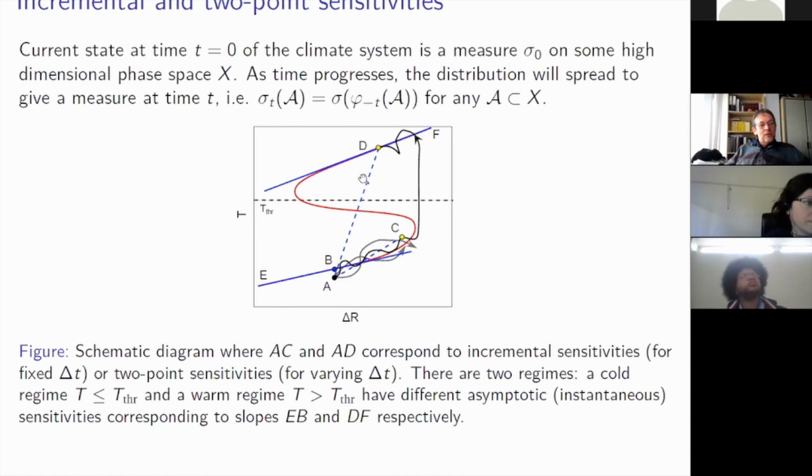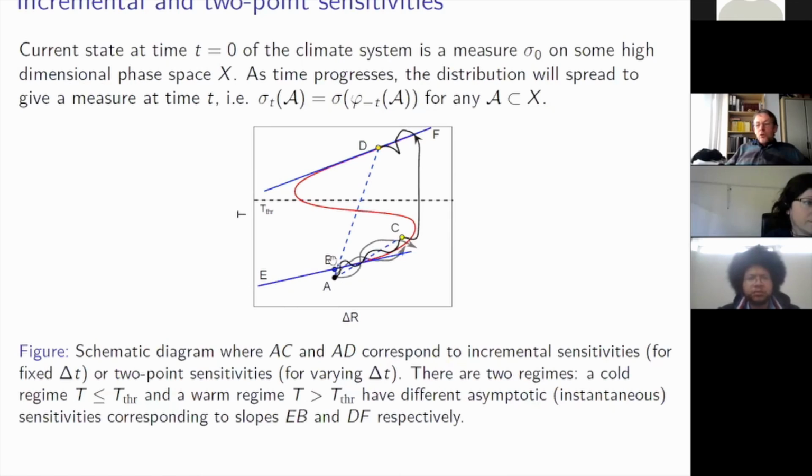If we look at different points, A and D, then we have another notion. So the 2-point sensitivity is a bit unusual in that it's not a linearized response at all. It's really just a geometric property of this projected attractor.